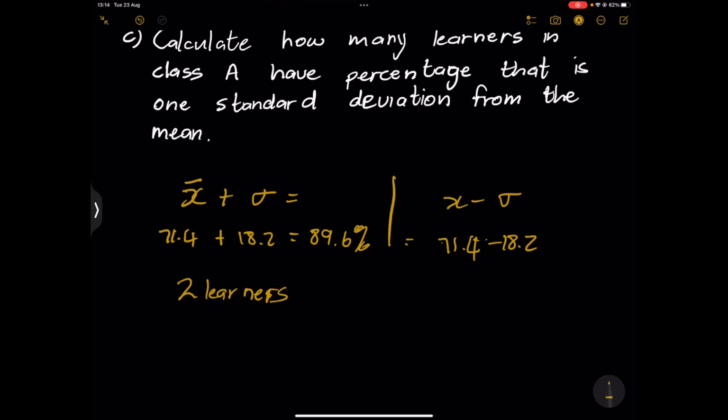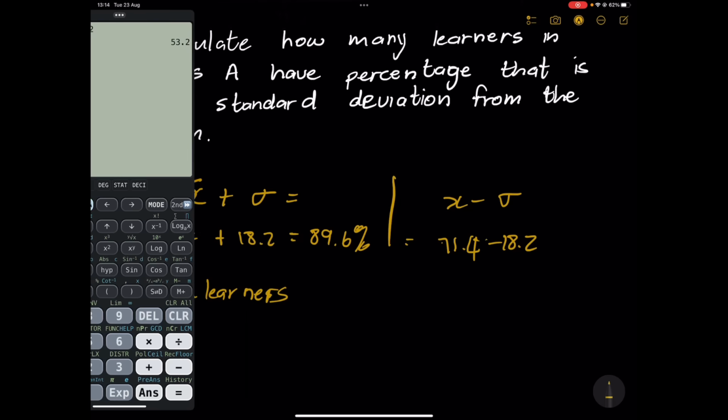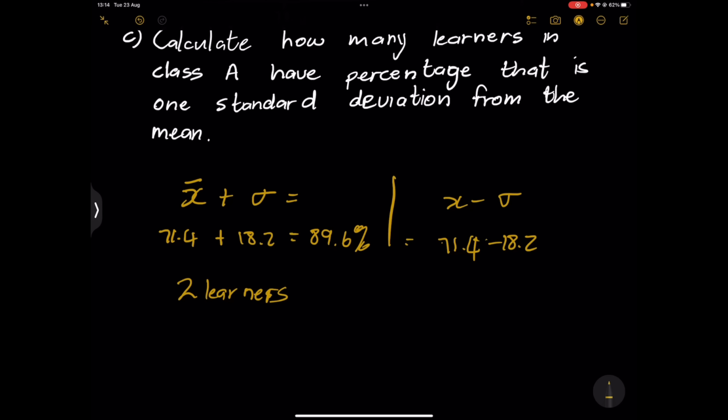So what does that give us? I'm just too lazy to calculate that. 71.4 minus 18.2 is 53.2, so that would be 53.2%. Now, how many learners are below 53.2%?